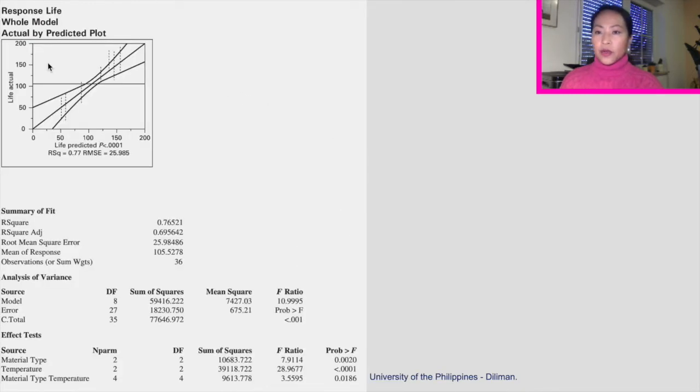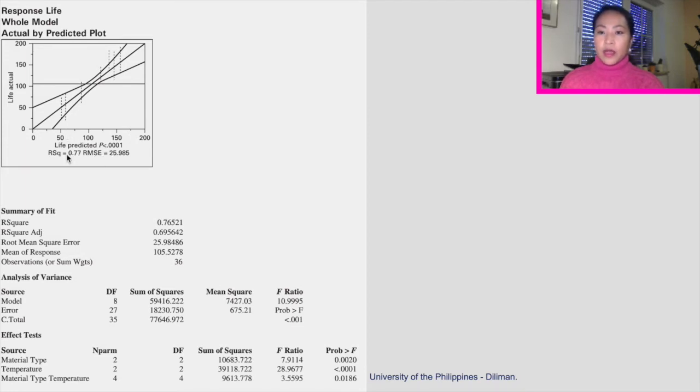Okay, next you can also see here a JMP computer output, and there is a plot here that shows you the observed battery life versus the predicted battery life, predicted using the model.